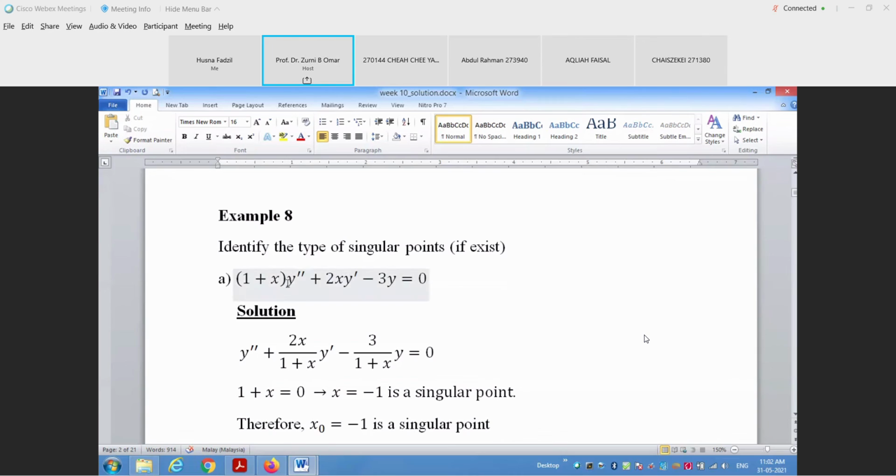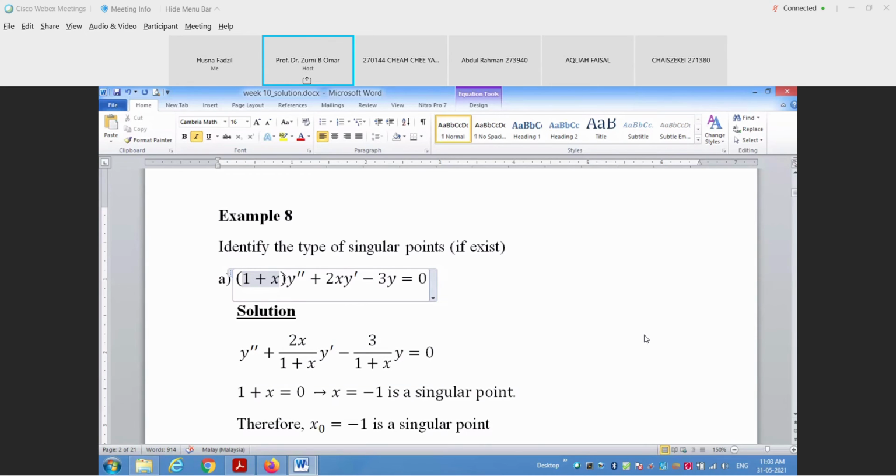The first step, we want to eliminate this 1 plus x, so we divide all terms by 1 plus x. So this will be y double prime plus 2x over (1 plus x) y prime, minus 3 over (1 plus x) y equals 0.